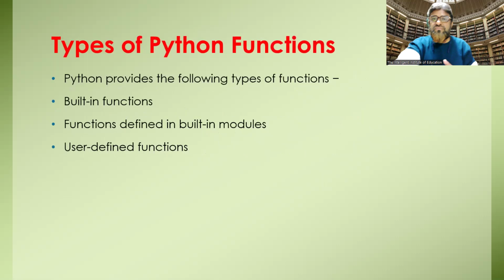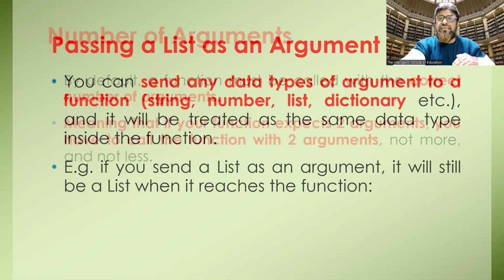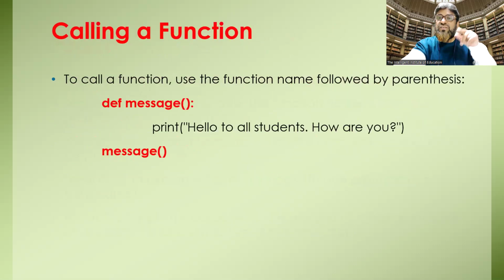Finally, I am going to explain the types of Python functions. Here we have the user defined function, which means we, as the user, define what type of function it is. I already showed this in the previous slide, where I had given the function called message. This is a user defined function. Next we have the built-in function.